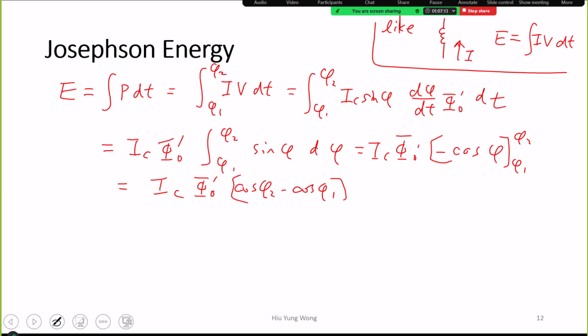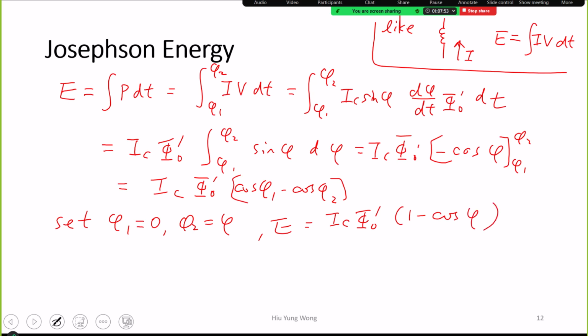Minus sign, oh yes, so it should be cosine phi 1 minus cosine phi 2. Thank you. Because for energy, the most important is the relative. So I set phi 1 equal to 0, and then phi 2 equals phi. Then I get the energy equals IC phi naught dash times 1 minus cosine phi.